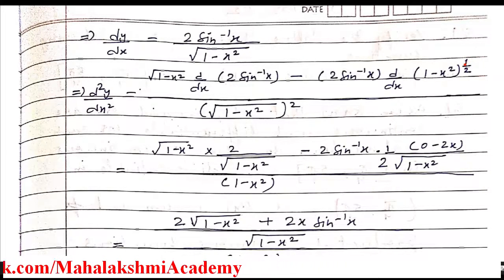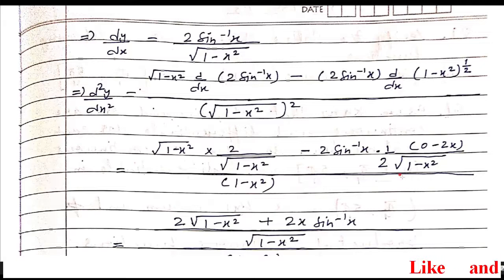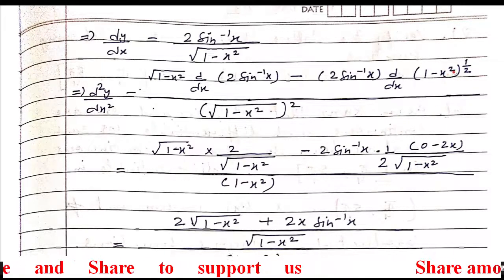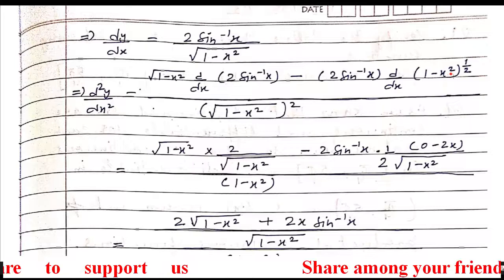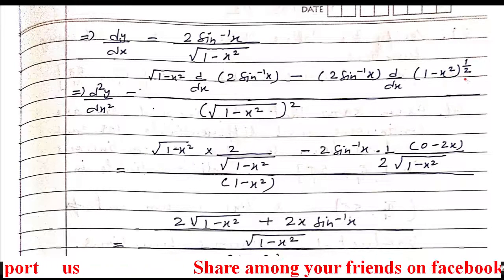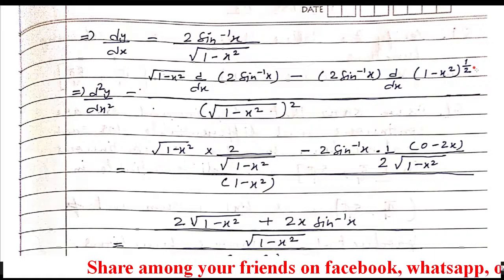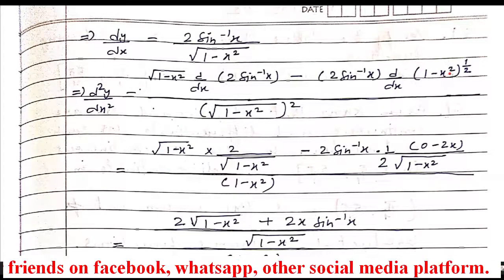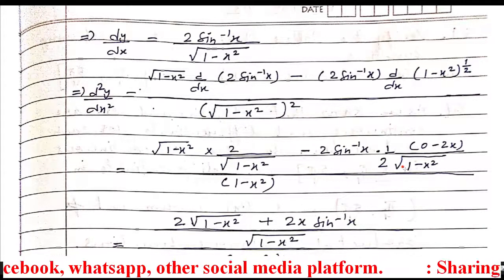Now when you do n minus 1, half minus 1 you will get minus half, that's why it will move down, and because of half, a root will come. I am repeating: this 1 upon 2 root 1 minus x square came because of n x to the power n minus 1. So n is half, that's why half. Now when you do half minus 1, you get minus half, and because of minus half, it came in the denominator as a root.